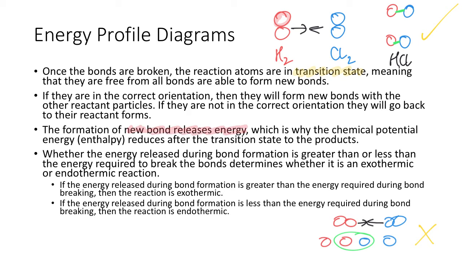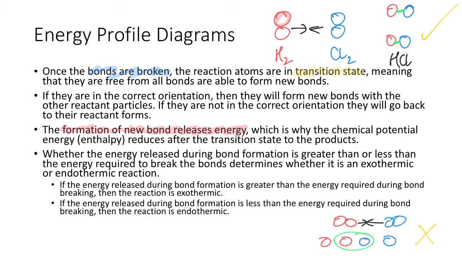It's really super important to remember that the formation of new bonds releases energy, because bond breaking requires energy. So you need to use energy to break a bond, but the formation of a new bond releases energy, which is why the chemical potential energy reduces after the transition state to the products.